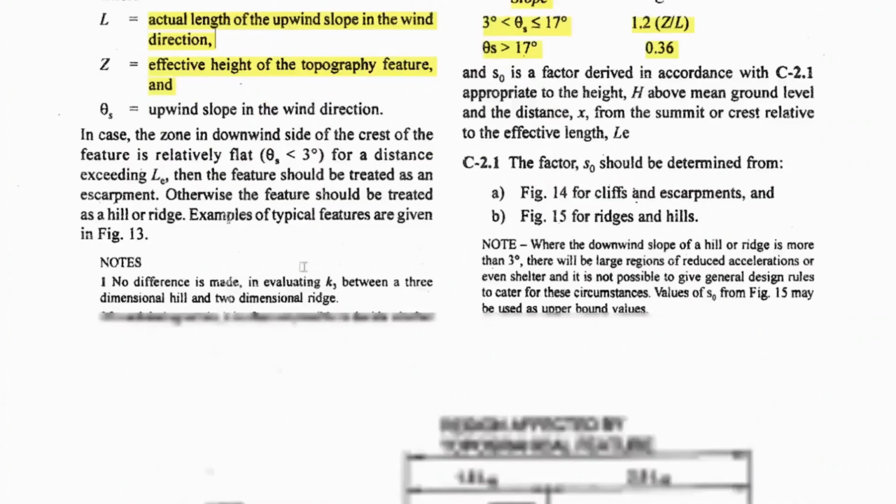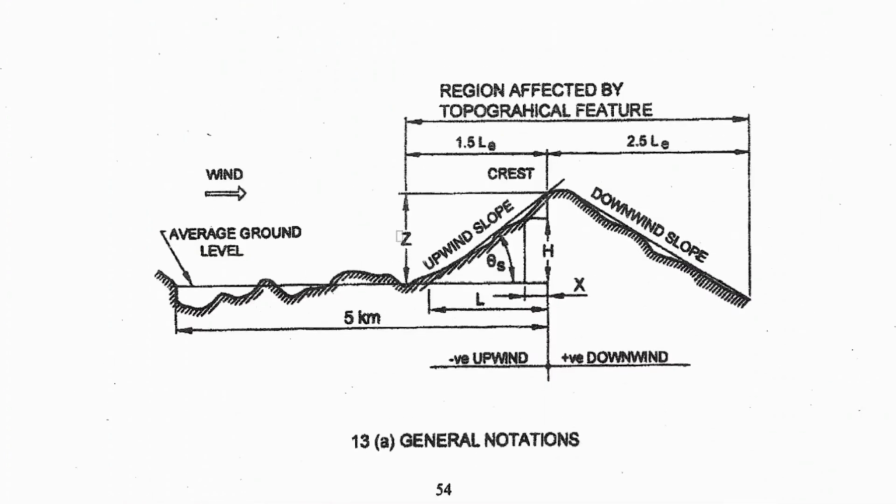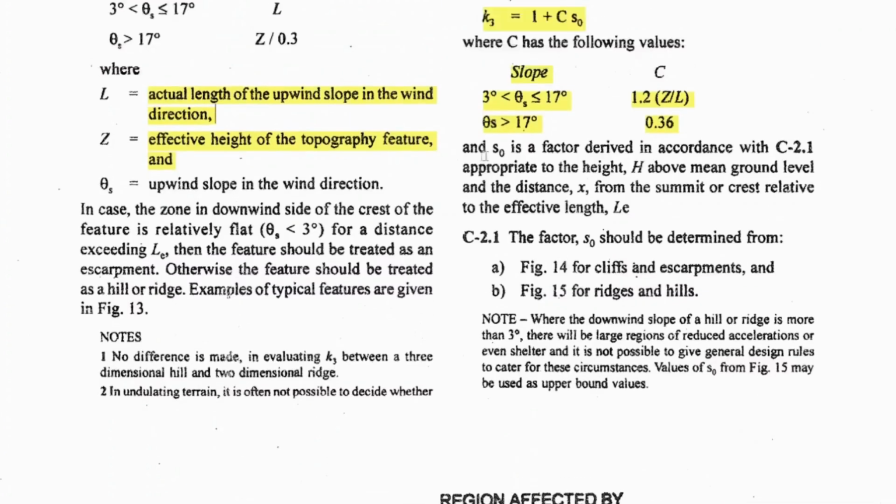For this, you can refer to this image, that is 13.8. Here you can see this is your Z and this is your L, and this is your crest. The second parameter was your S naught.